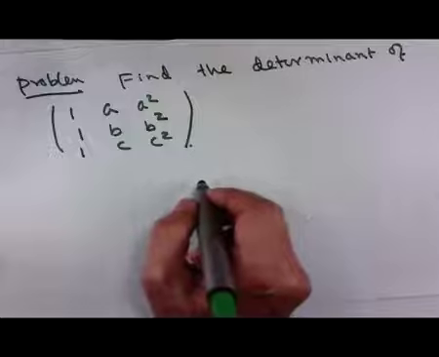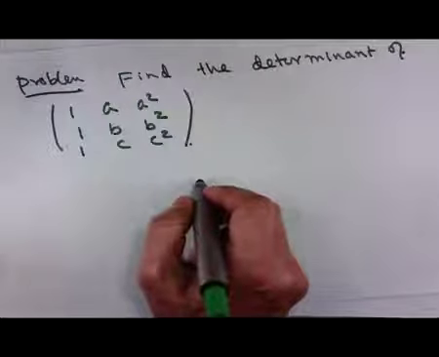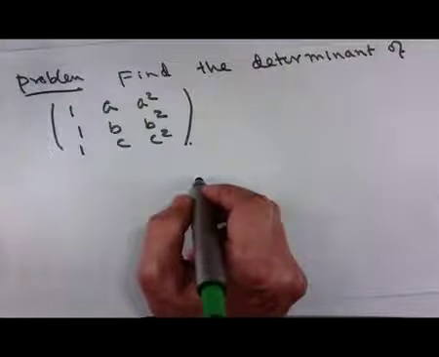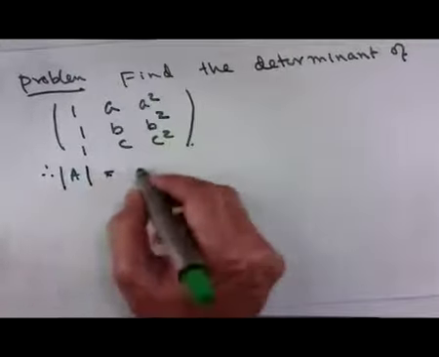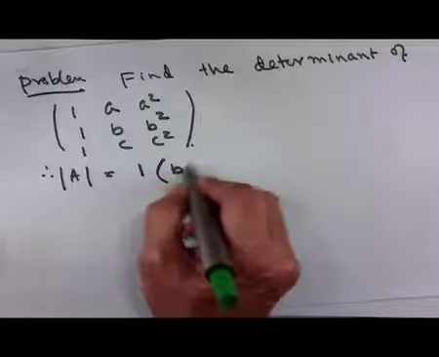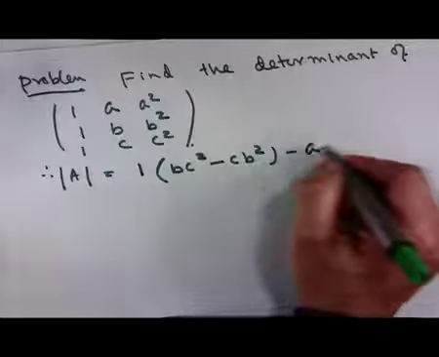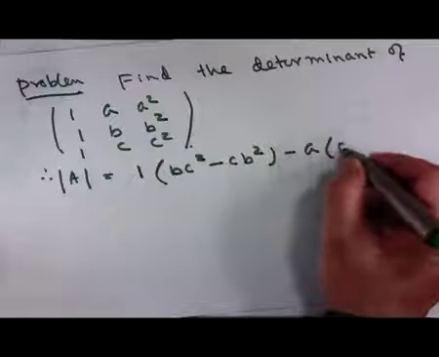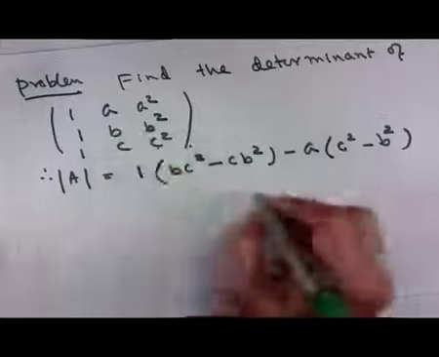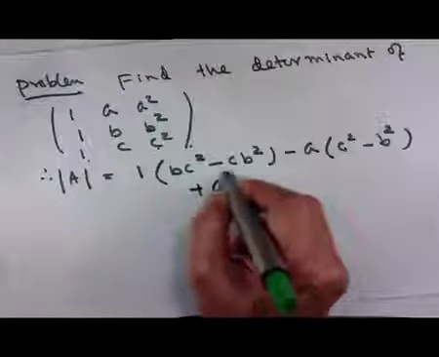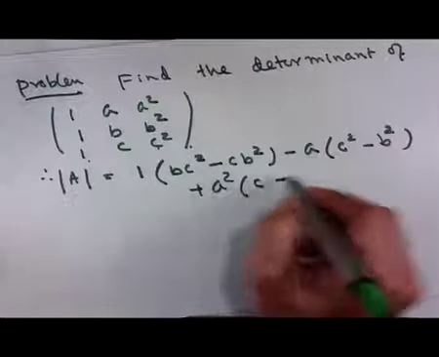We expand it along the first row. Therefore, determinant of A is equal to 1 into b c square minus c b square minus a into c square minus b square plus a square into c minus b.